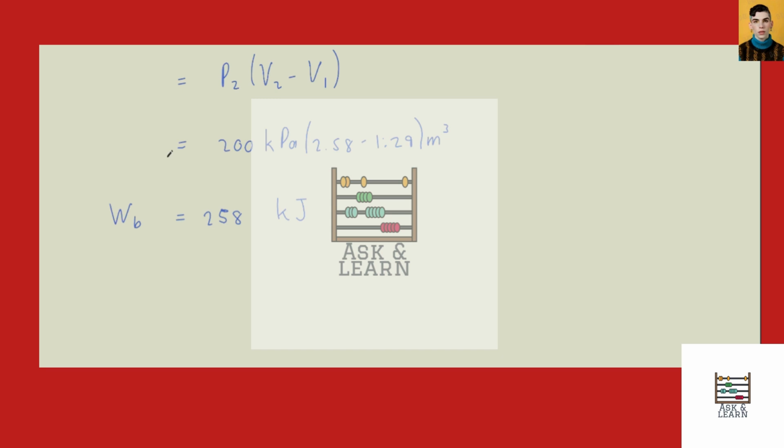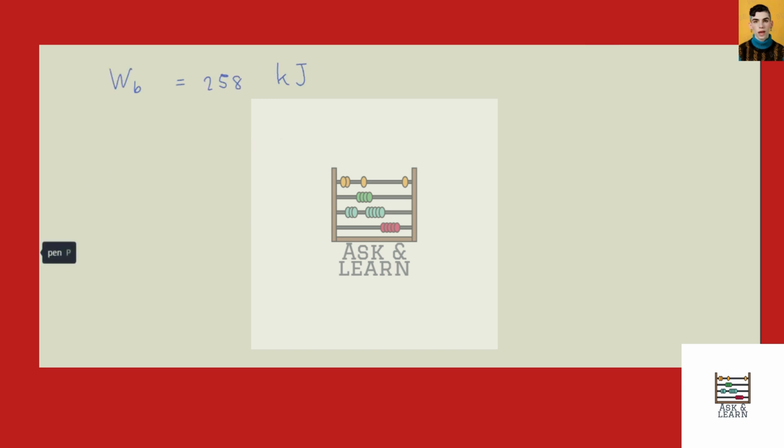Now, the last thing we need to do is find the initial and final internal energies of air. So we know the properties of the system, so we can find these from our tables. So U1 is equal to the internal energy of air at 300 Kelvin, and this is 214.07 kilojoule per kg.